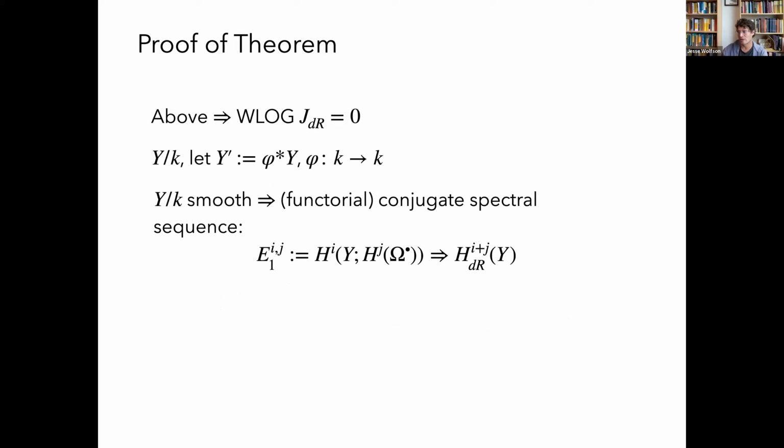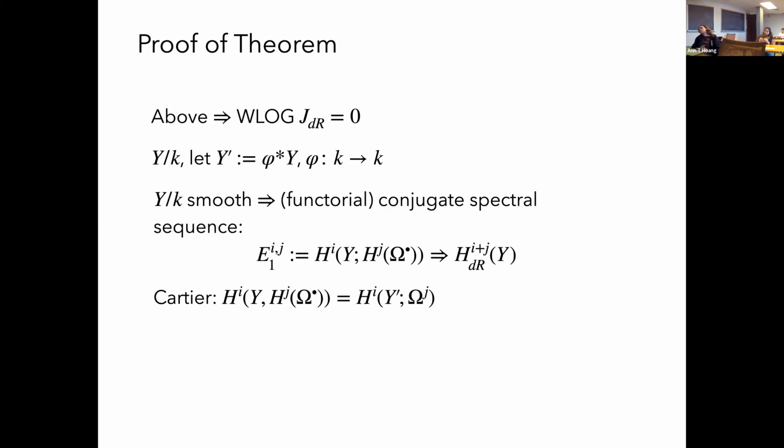I think of it as the analog of the Hodge-de Rham spectral sequence in positive characteristic: the conjugate spectral sequence, which starts from the cohomology of Y with coefficients in the de Rham cohomology, naively thought of, and ends in the de Rham hypercohomology, the non-naive thing that you'd actually mean by de Rham cohomology there.